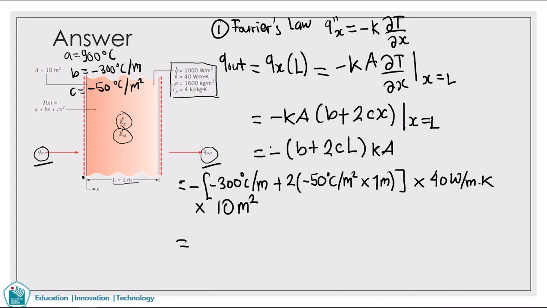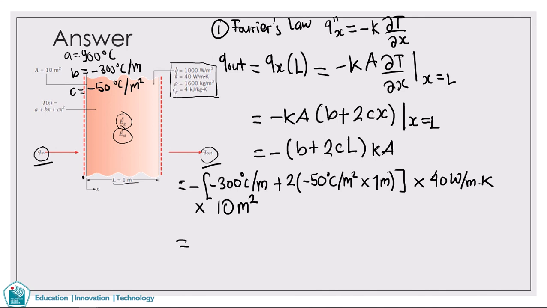Okay, in this part 2 multiplied by 50 is minus 100. So this is minus 300 becomes minus 400 and this becomes positive. So we get positive 400 multiplied by 40.